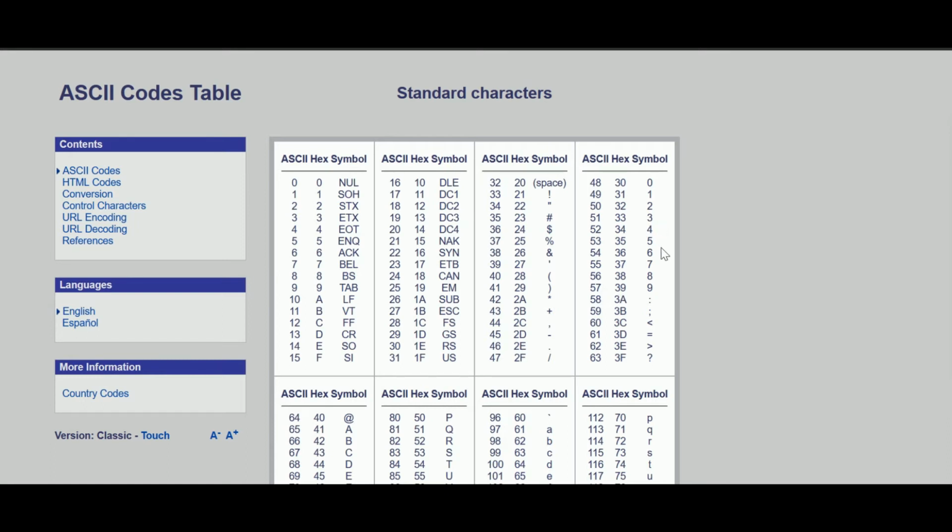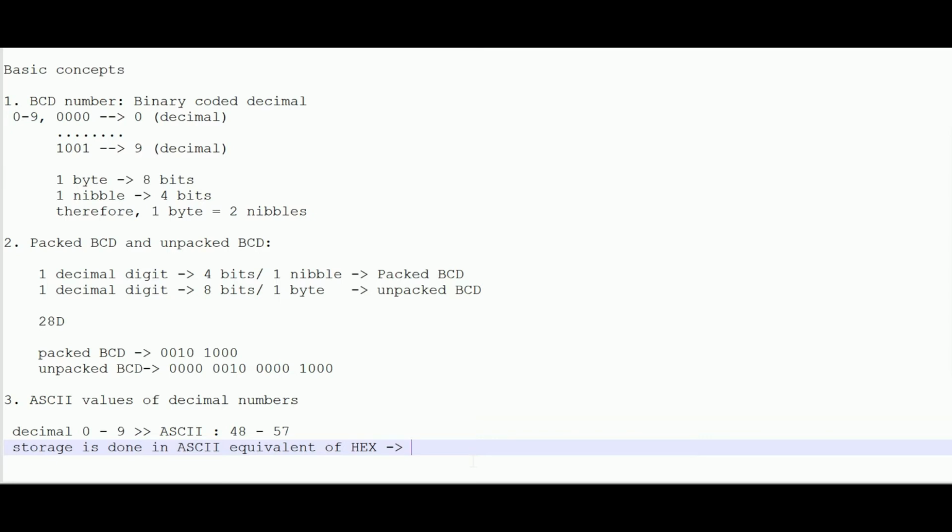The decimal number 5 has the equivalent hexadecimal value 35, and the decimal number 8 has the hexadecimal equivalent in ASCII of 38. So storage is done in the ASCII equivalent of hex, which ranges from 30 to 39. So 0 is represented as 30 in ASCII hex and 9 is represented as 39 in ASCII hex.